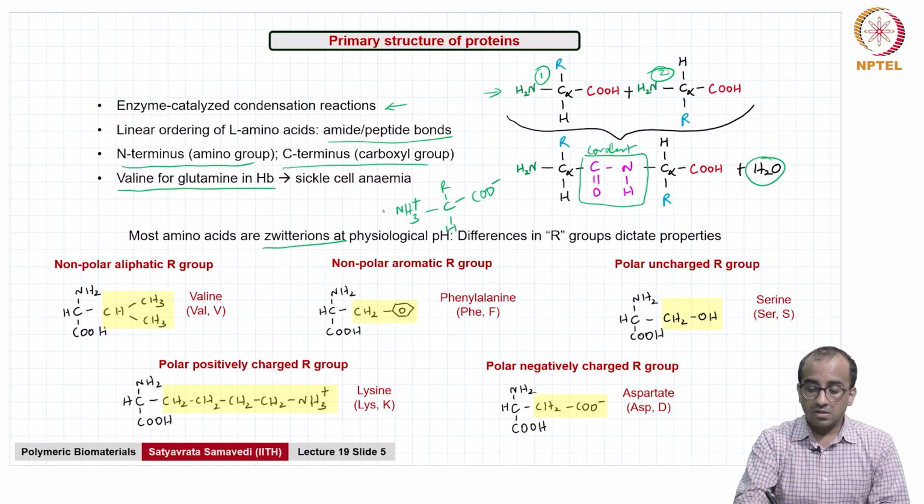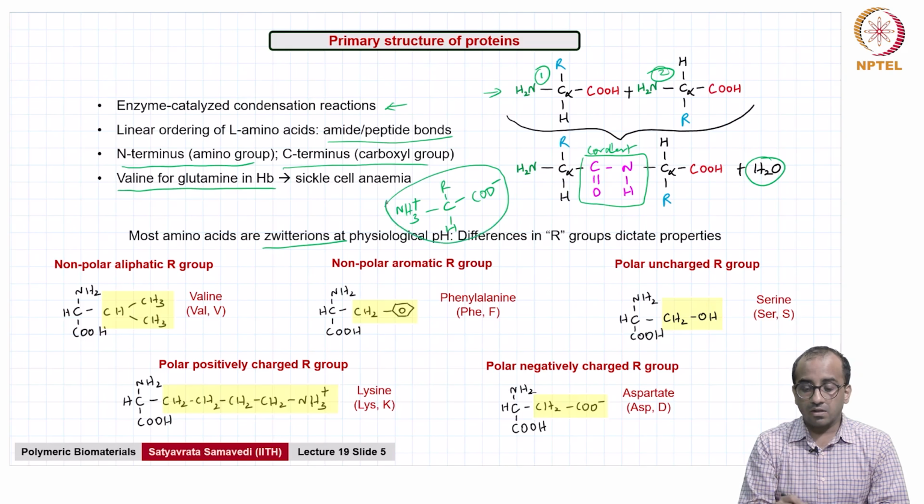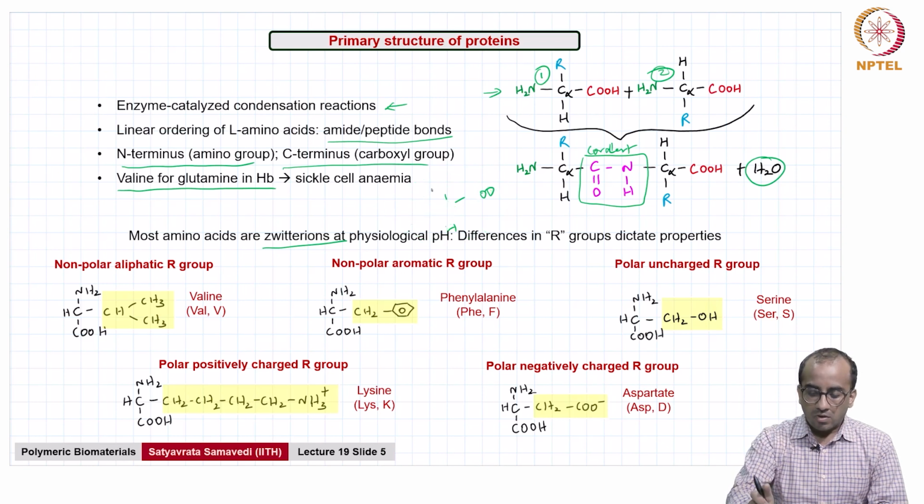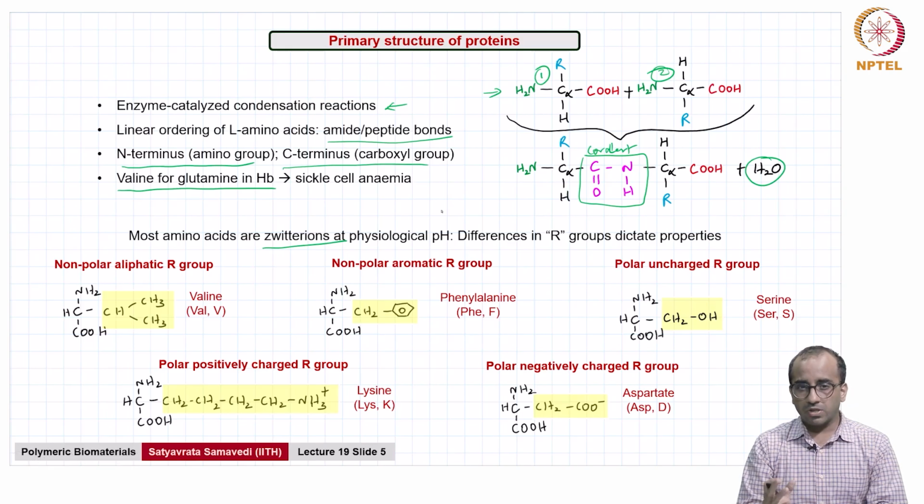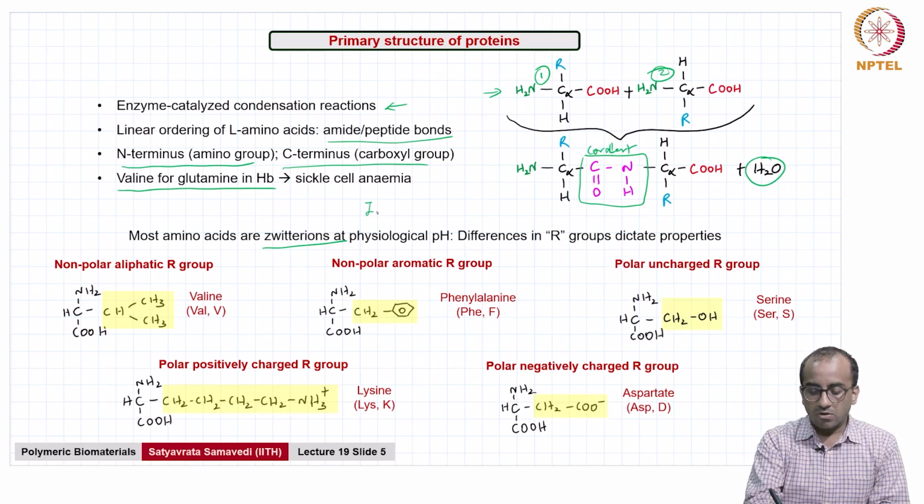So, you see, this is a good example of a zwitterion where you have both the positive and the negative charge on the same molecule, but the overall net charge is 0. One important point to also note is that the R group can also have charge. So, a related concept that you will see when you look at papers, when you look at protein properties, is this idea called isoelectric point.